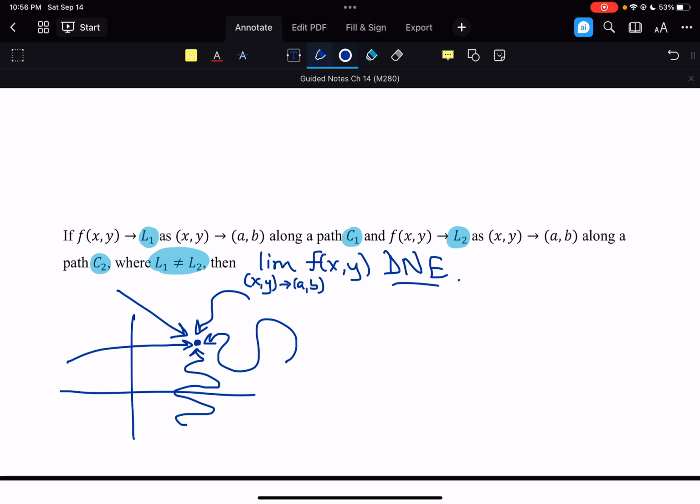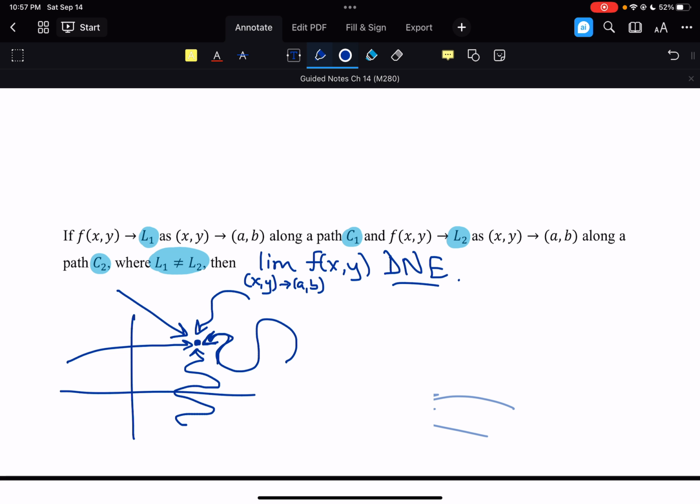Okay, so like when I approach along this path over here, I get a height of 2. So that means the surface is approaching a height up here. But then when I approach along like this path over here, the value I get is like 1. So it heads down this way. And now there's like a disconnect between these two. So we would say that the limit does not exist. This makes it a bit harder for us to show that a limit does exist.